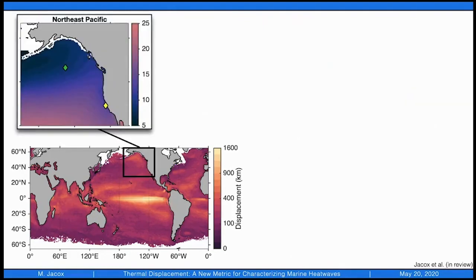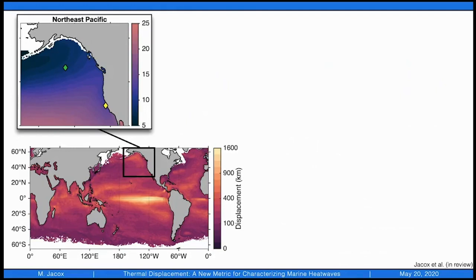Okay. So then looking at some of the more high profile events of recent years, we can dive into this a little bit more. So here, going back to the Northeast Pacific, I'm showing two locations, one again off the Central California coast and one up in the Gulf of Alaska.